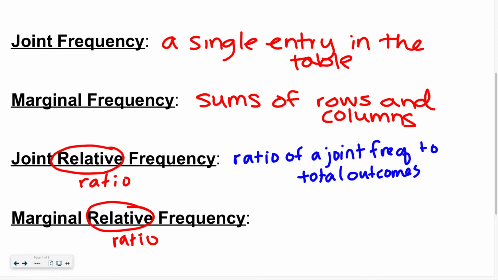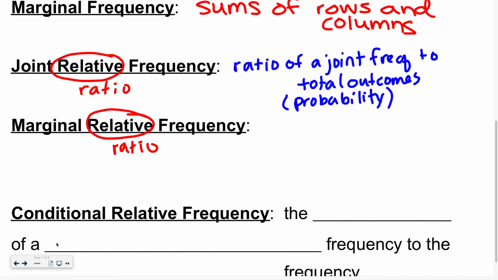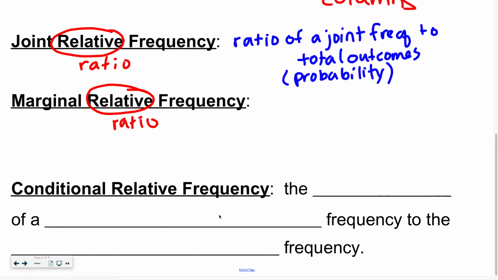Essentially, what I'm describing right there is a probability. The favorable outcome is the joint frequency, and then we've got the total outcomes in the two-way table. The marginal relative frequency will be the ratio of a marginal frequency to the total outcomes possible.